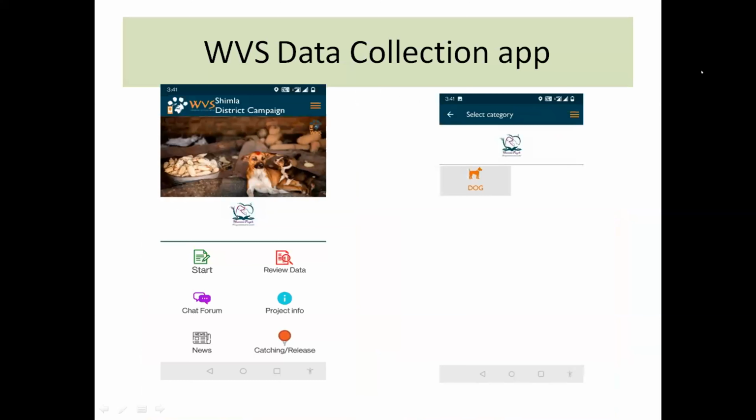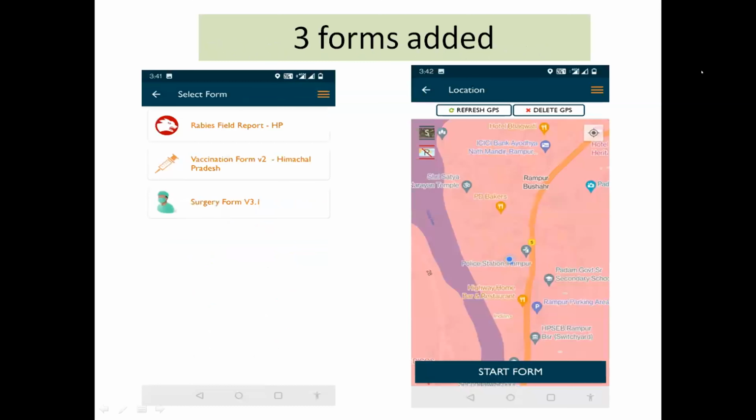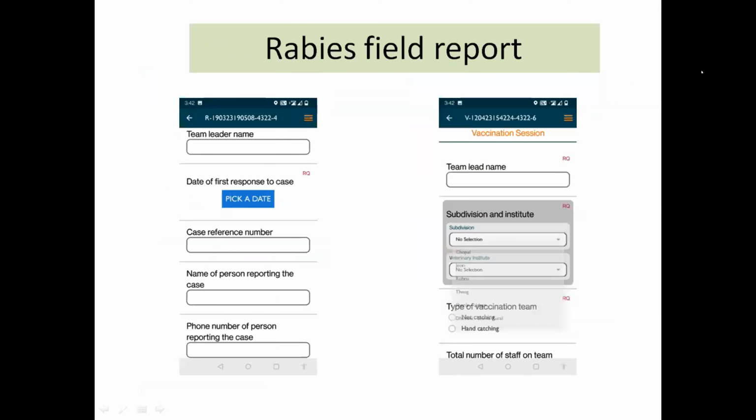So we have a data collection app in collaboration with Mission Rabies. We have framed this app for our district Shimla. I am the district nodal officer for Shimla for rabies surveillance. So we have this GIS based app. Every institution has been mapped in this app, and we have 3 forms added: rabies field report, vaccination, and ABC surgery form.